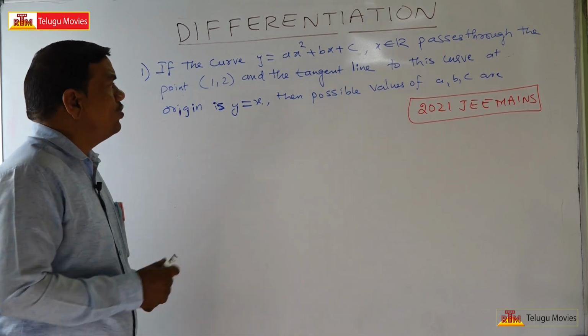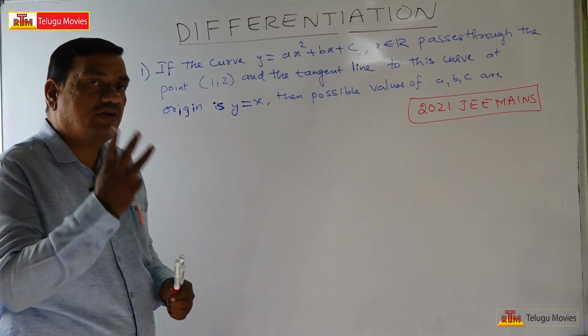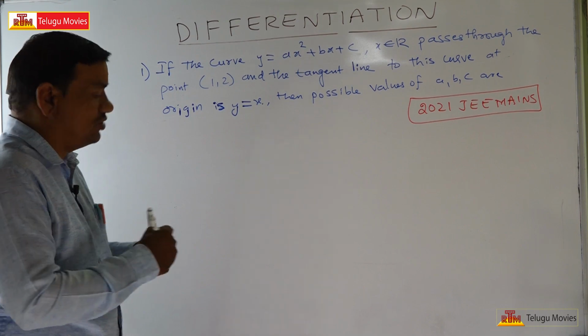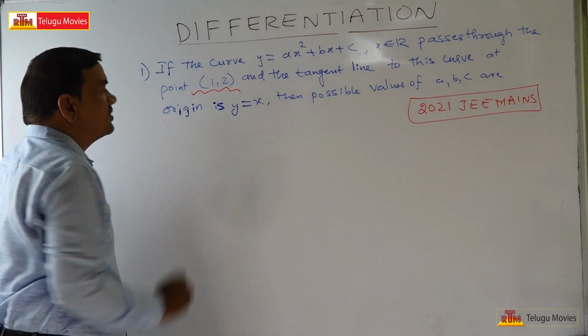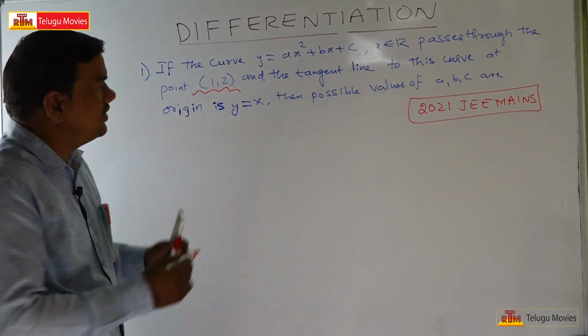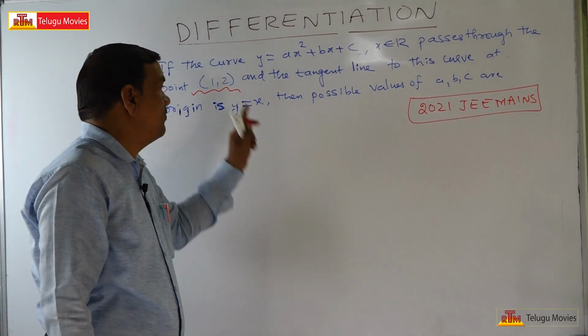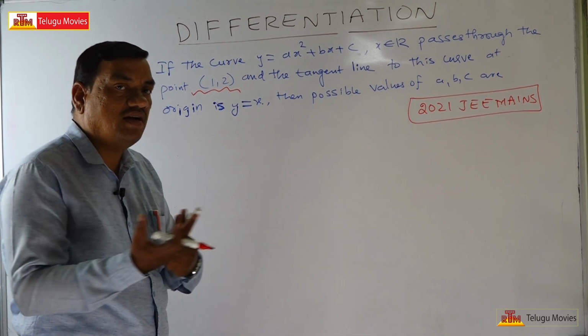To find the values of a, b, c, we require 3 hints. What are the 3 hints? First, the curve passes through the point (1, 2). Therefore, we can substitute x = 1, y = 2 in the equation, and we will get one equation in a, b, c.